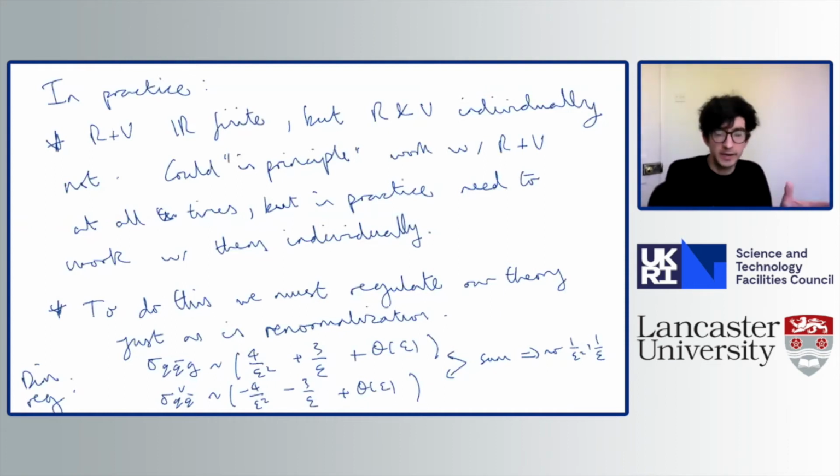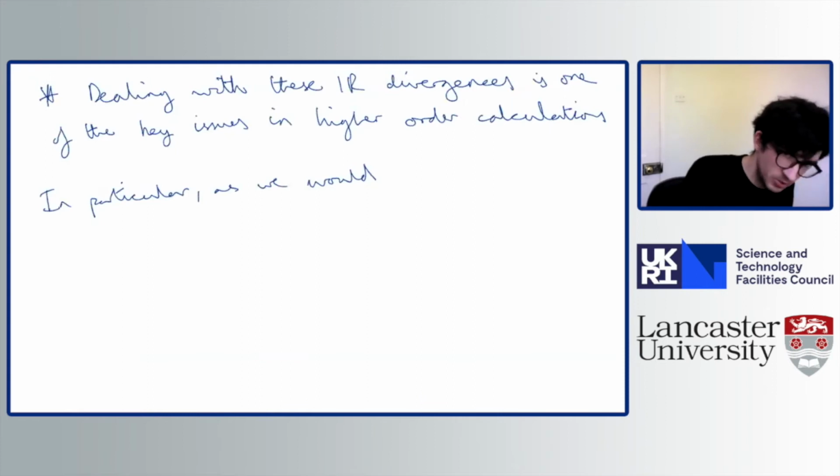Fine, but how on earth do you deal with that in a Monte Carlo? In an actual generator, some computer code, and that's clearly a question. Well, it is a solved issue at NLO, but then there's a way around it. So let me say a little bit about that.